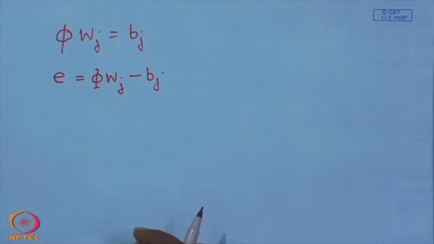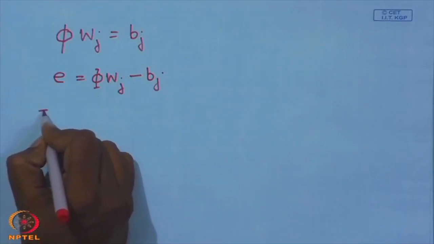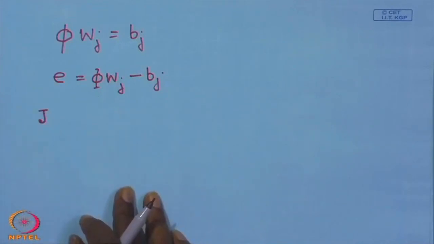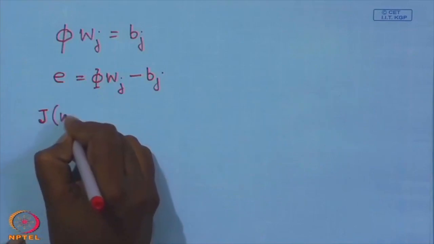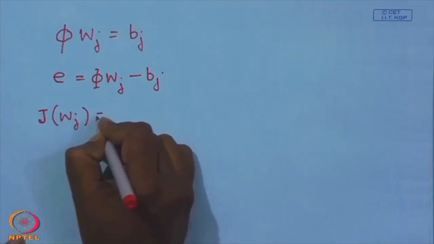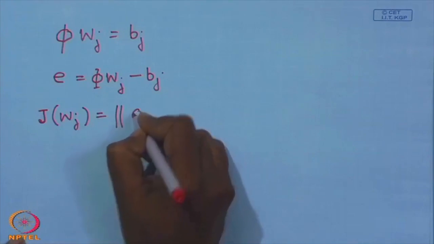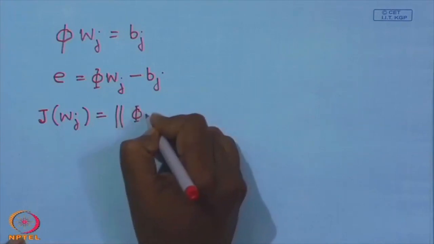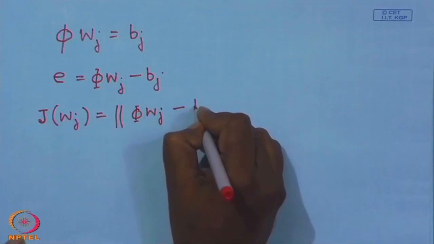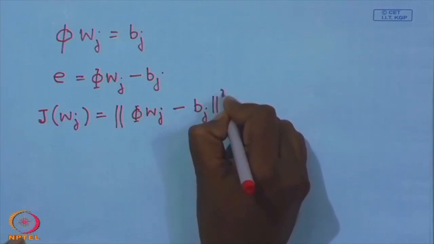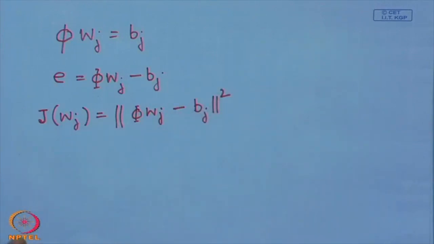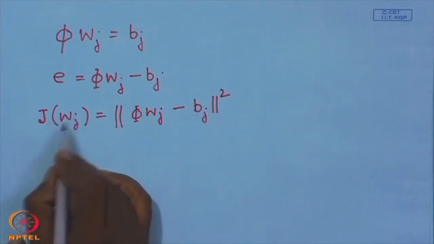In order to do that, as we have done earlier for the mean square error technique for classifier learning or classifier training, I can also define here a criteria function J of w j, which is given by the norm of phi w j minus b j, and then I take the gradient with respect to w j.